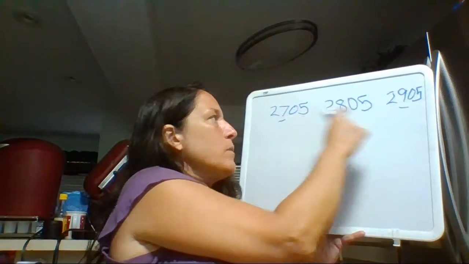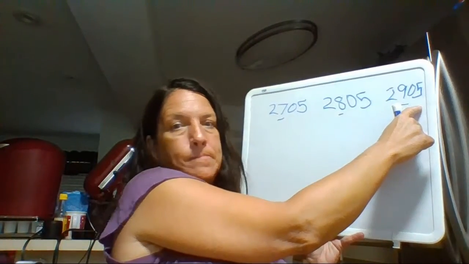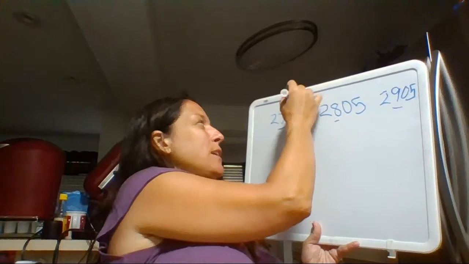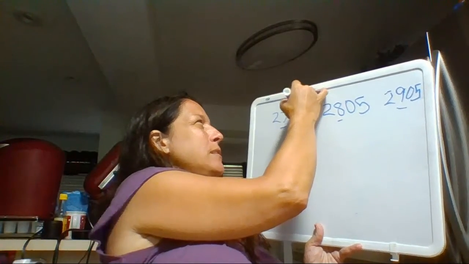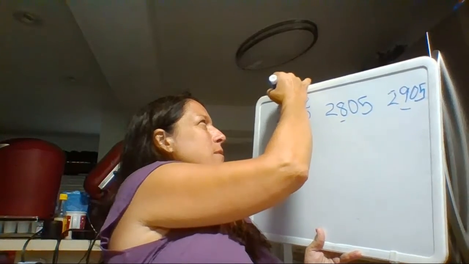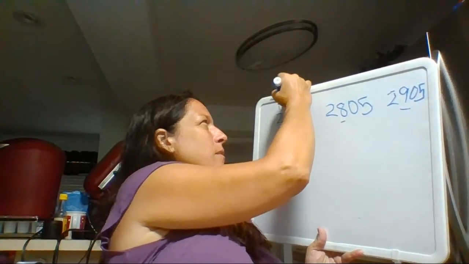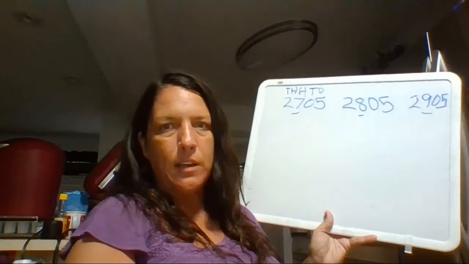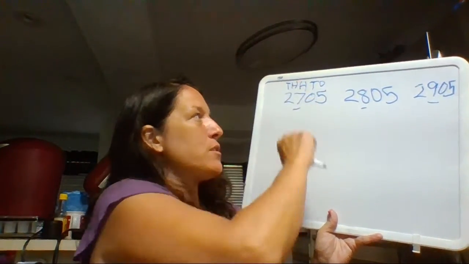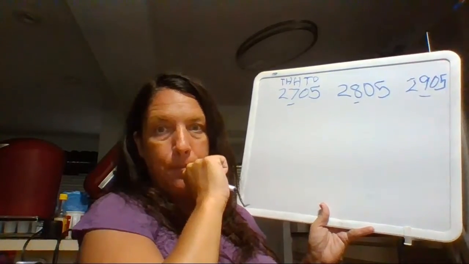No. To figure out what they're counting by, if you know your place value, you can figure it out. There's ones, tens, hundreds, thousands, right? Which place value changed? The hundreds. They're counting by hundreds.